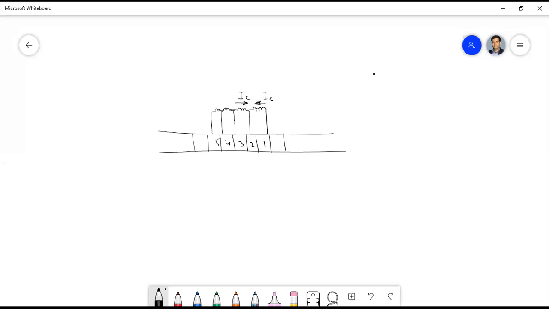Now can you tell me where the brush will be placed? Sir, at 2. Exactly at 2. Okay, now what will be the current direction in this coil? In the coil between 4 and 3, what is the current? From left to right, sir.